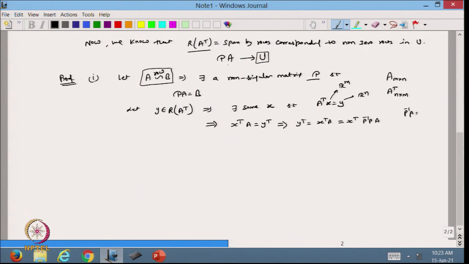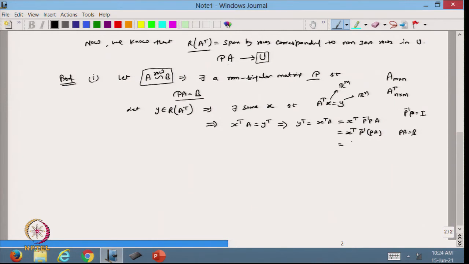So, P inverse P will be the identity matrix, and from there I will write x transpose P inverse P A, and PA is equal to B.